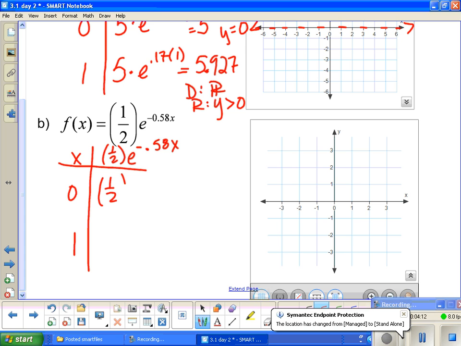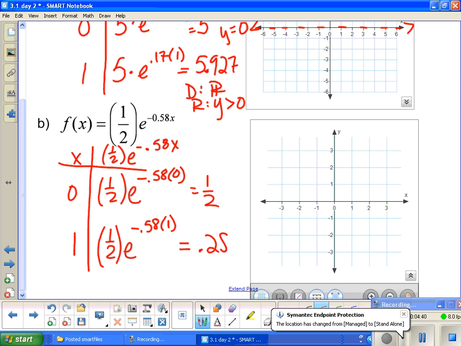One half times e to the negative 0.58 times 0, which is e to the 0, which is 1, times 1 half. Do the same thing for 1. Let's plug that all into my calculator and I get approximately 0.28.